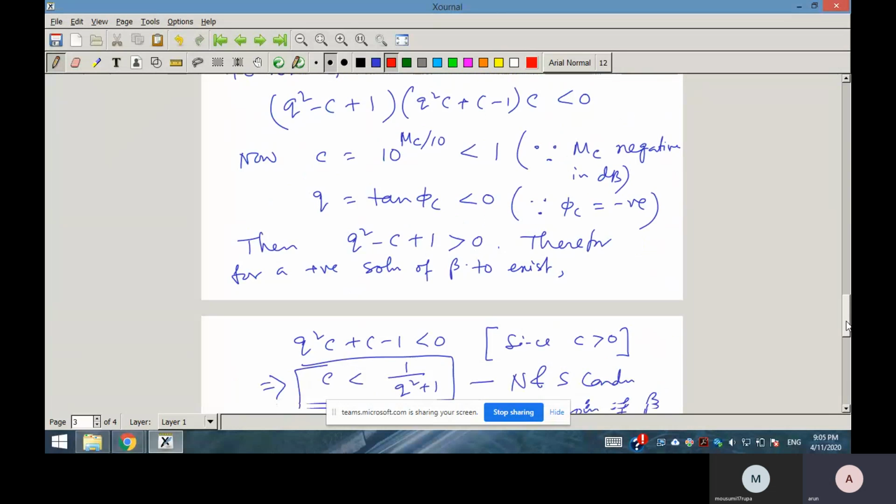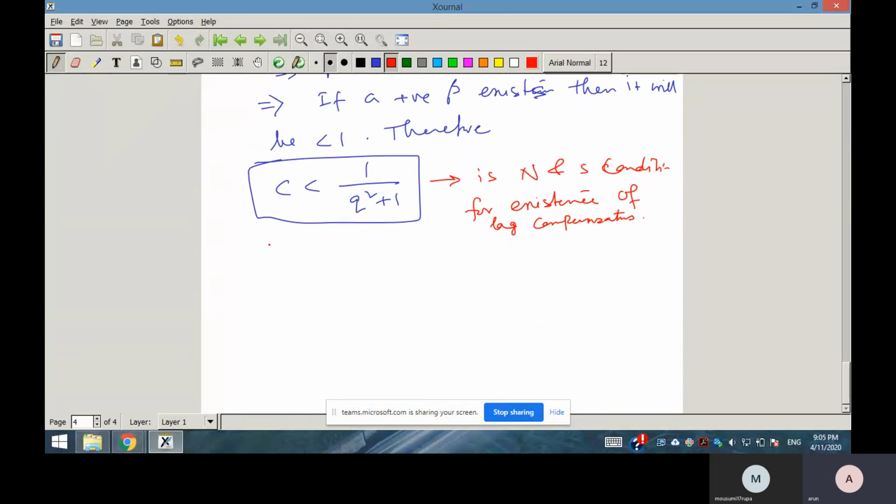So how can you obtain b? Once beta is obtained by solving this, one can determine b, same thing like the lead compensator.